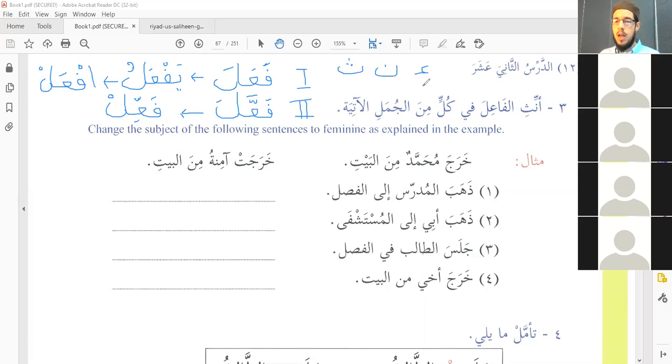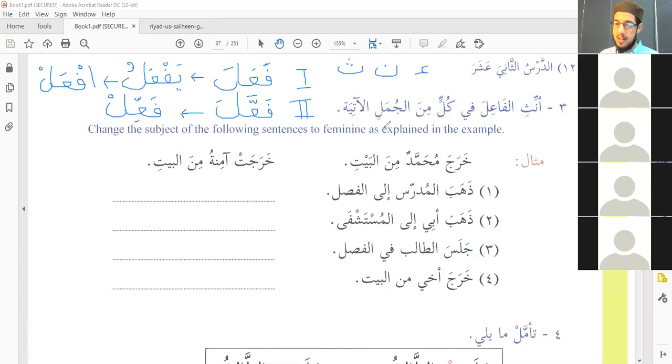Okay? In form 2, let's put these 3 letters on form 2, annatha. To make something feminine. So anutha is to be feminine, an intransitive verb. Annatha, doubling the middle letter, is to make something feminine.